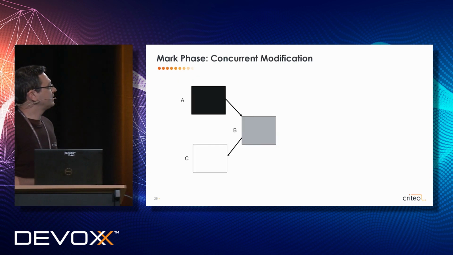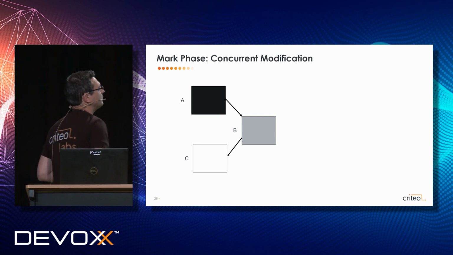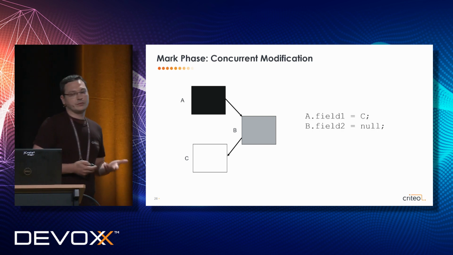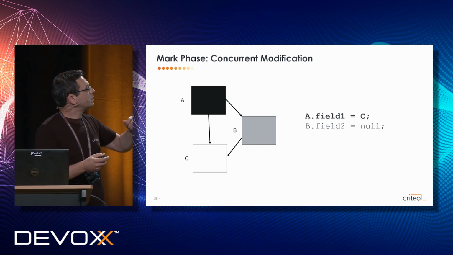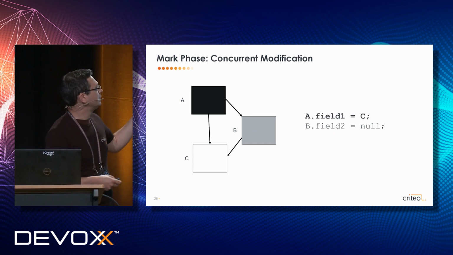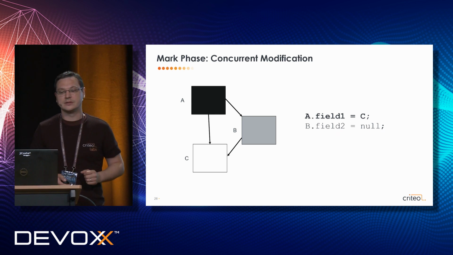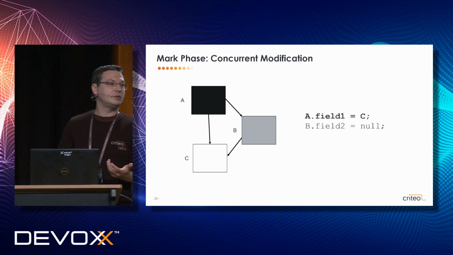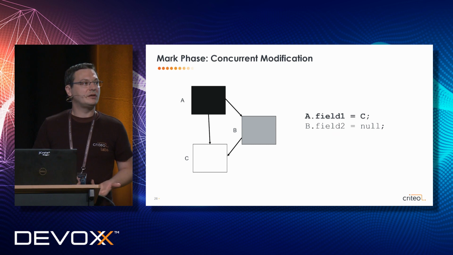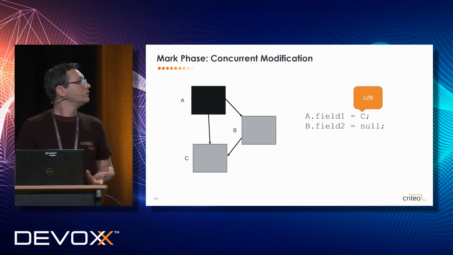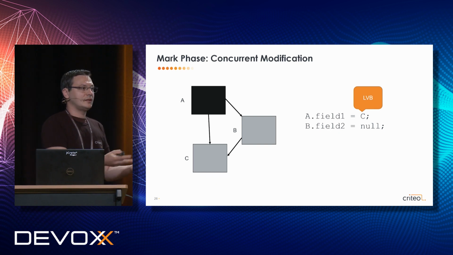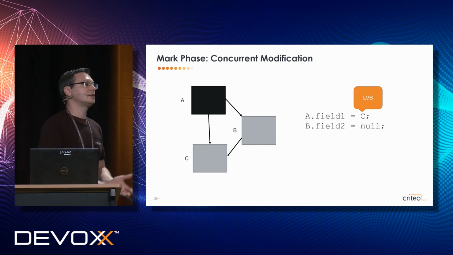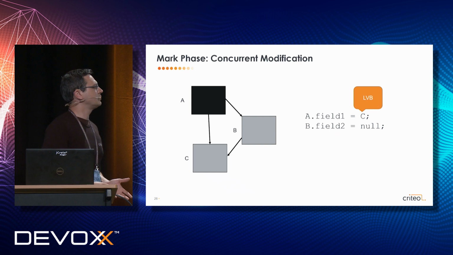So with this example, with the issue that we had before, we have an application thread that executes this. It tries to store a reference into the black object. As we load the C reference, we trigger the LVB. This triggering of LVB will go to C, and C is not marked, so we will mark it with the application thread.